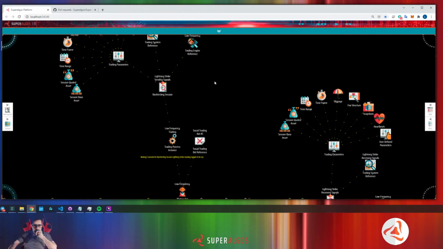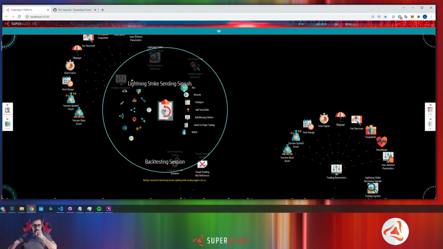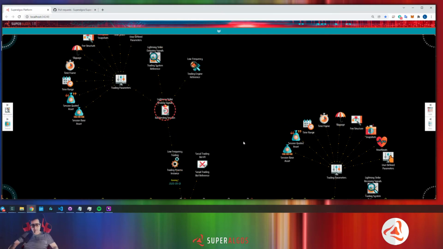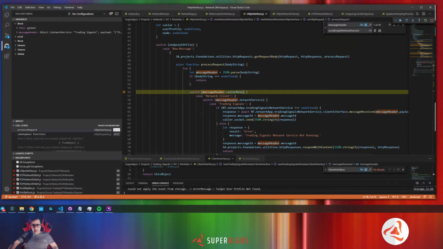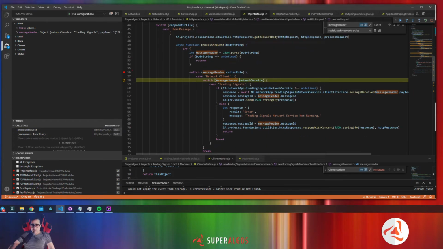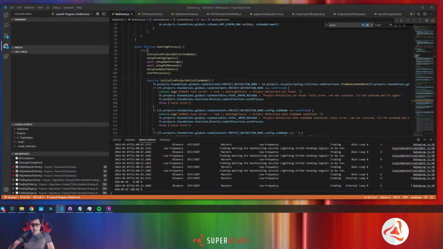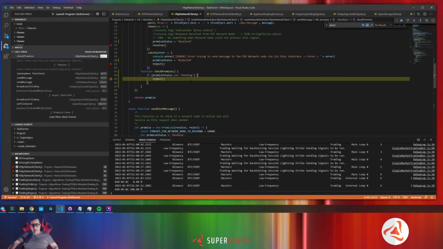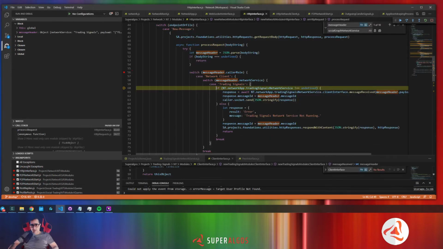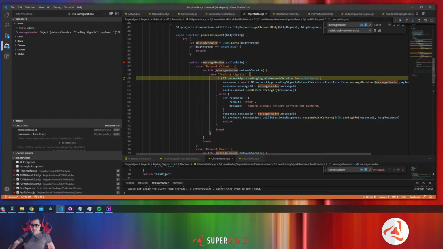Okay, and the signal is here with a color roll. And okay, we have a timeout, of course, because we are debugging.